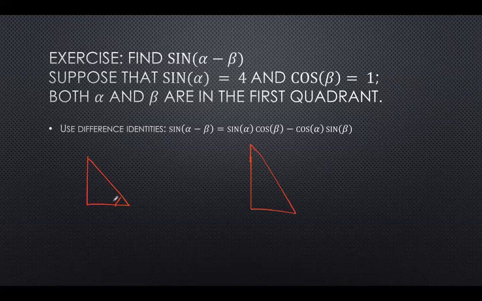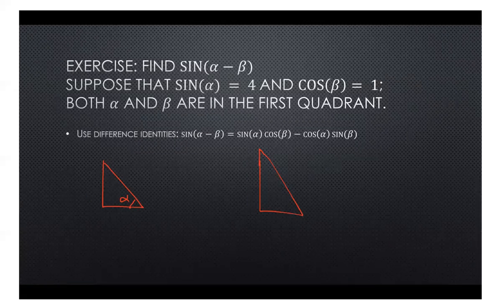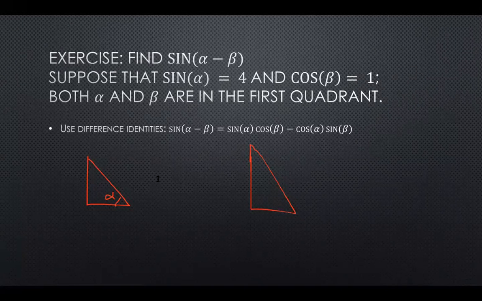For example, this is the triangle that involves alpha, right? Oops, sorry, this is 4 over 5. This is a typo. And this is 1 over 2.